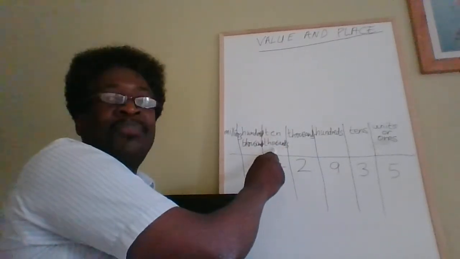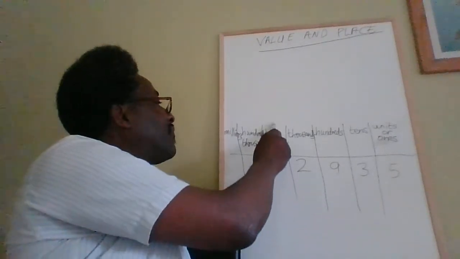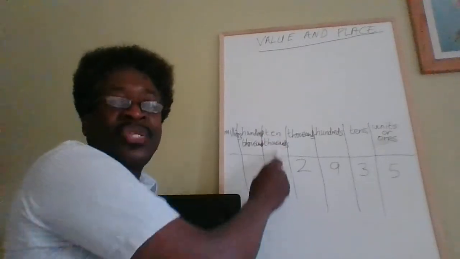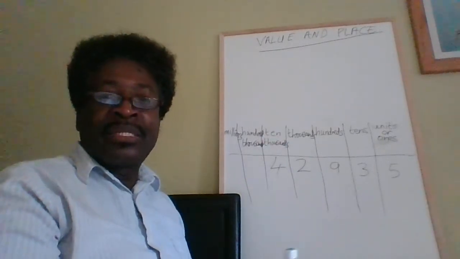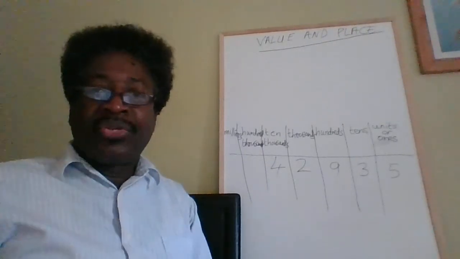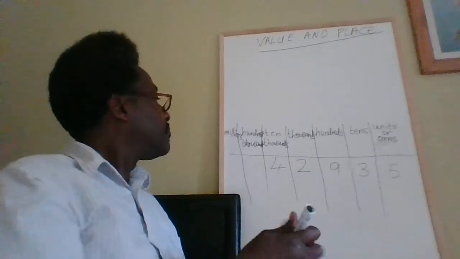Remember, it's under the place value of 10,000s. So this 4 here represents 4 10,000s, which gives you 40,000. Yeah, 10,000 in 4 places, 4 lots of 10,000 is 40,000. So that's what that 4 represents.